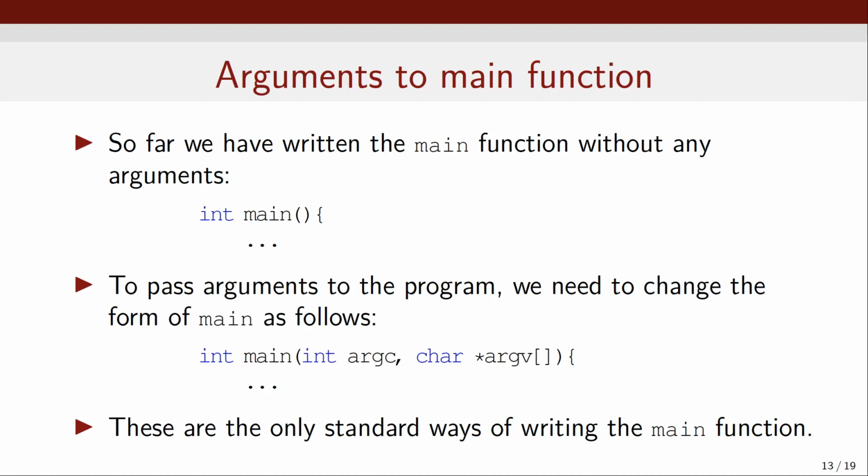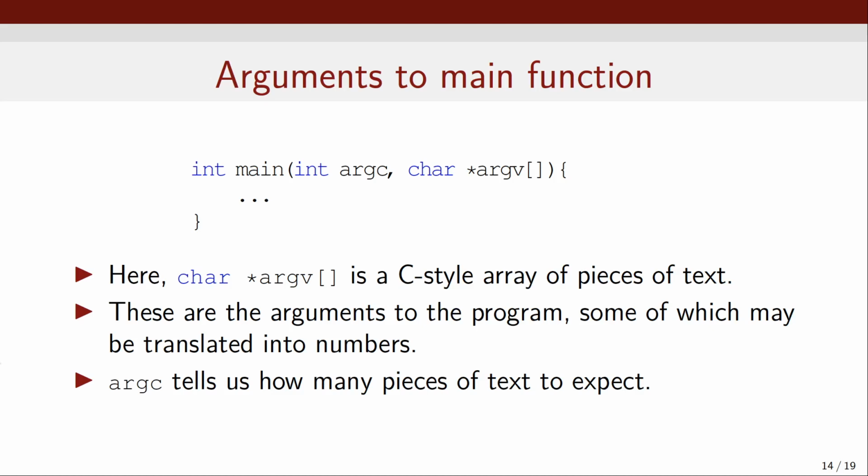Here, argc is an integer, where argc stands for argument count. This integer stores the number of command line arguments passed by the user, including the name of the program.